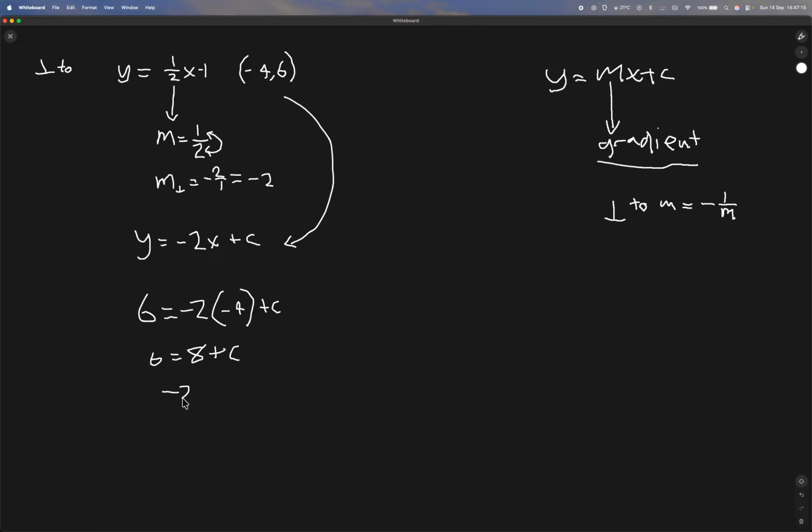We get -2 equals c. So, final equation is y equals -2x minus 2.